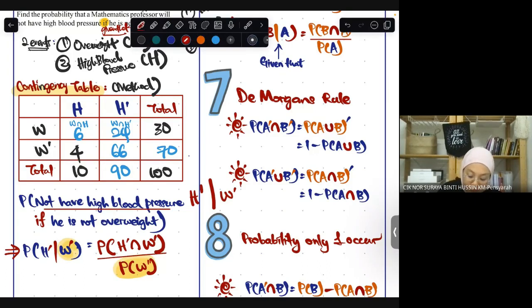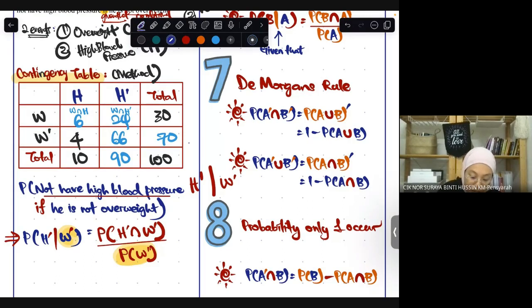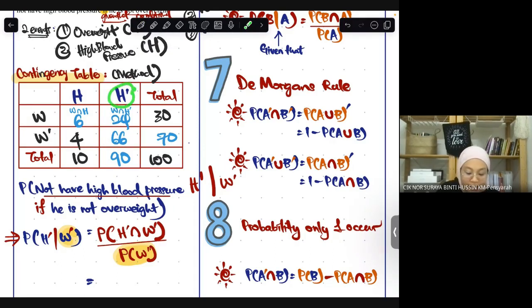So without any hesitation, just find the probability di mana dua-dua tak ada sakit. Okay, tidak ada overweight dan juga tiada high blood pressure is 66 out of how many? 66 out of 100 of them are not having a high blood pressure and also not having overweight.